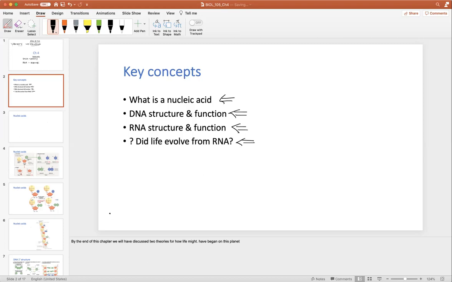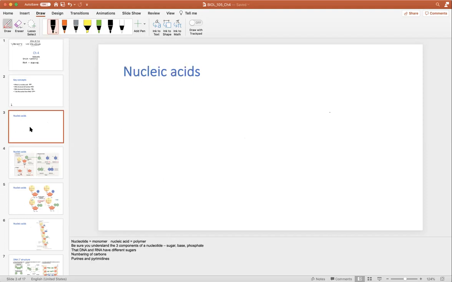And one thing I have for you down here in your notes is that by the end of this chapter, we will have discussed 2 theories for how life might have begun on this planet. And so you should be able to discuss those 2 theories at the end of this lecture, okay? All right. And when I say by the end of this chapter, 2 theories, one of those theories was in the previous chapter, just to clear that up. One will be in this chapter, one is from a previous chapter. Okay, nucleic acids. Let's talk about them.